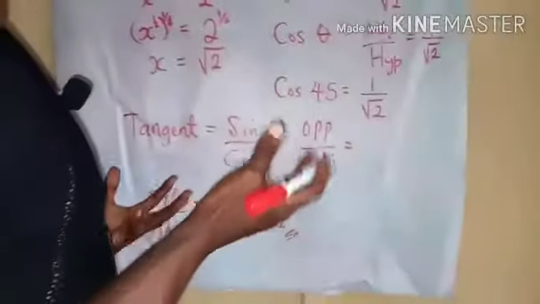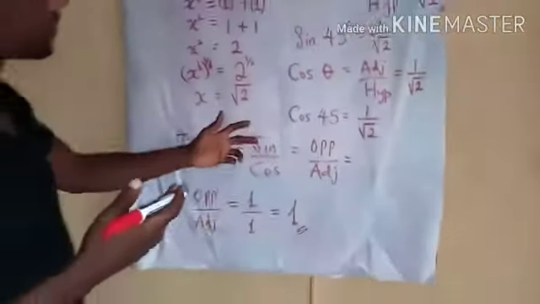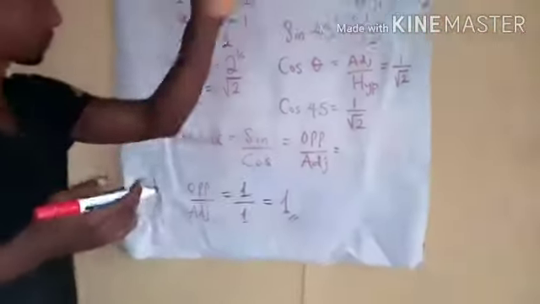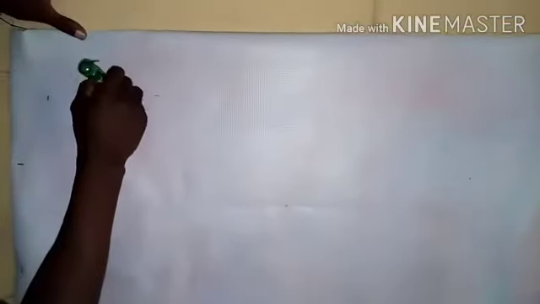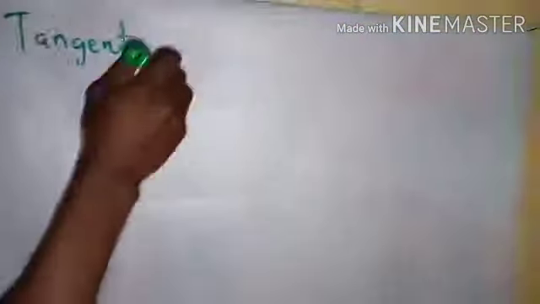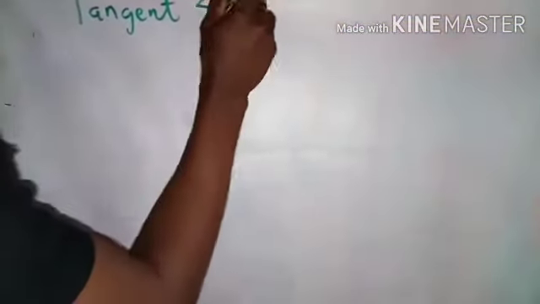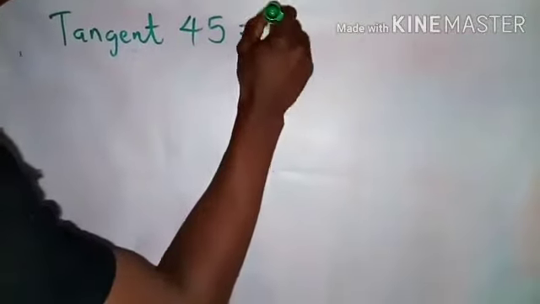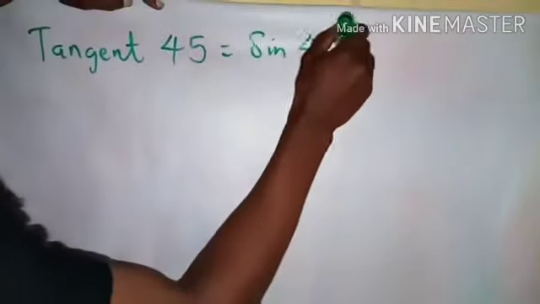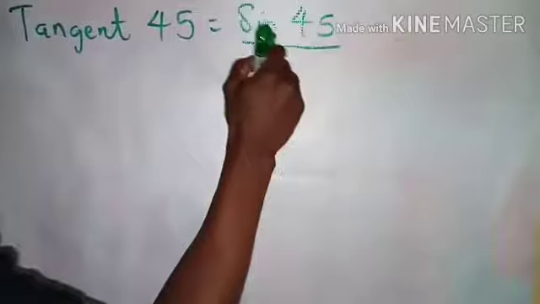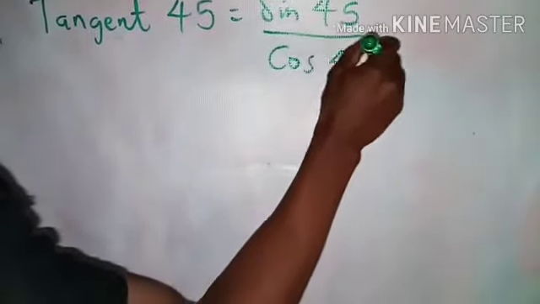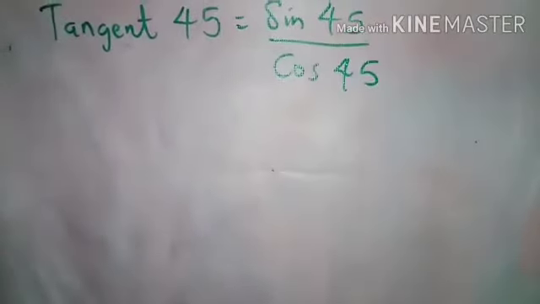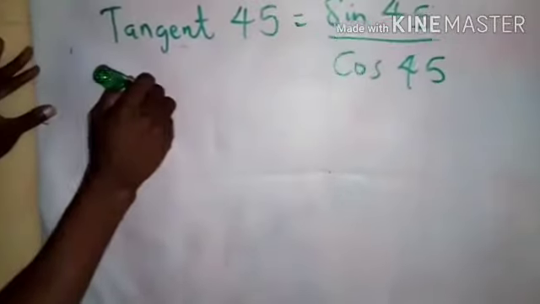Then if you want to figure it out using sine over cosine, we're trying to derive tangent 45 using sine 45 over cos 45. But before we do that, there's a notice.